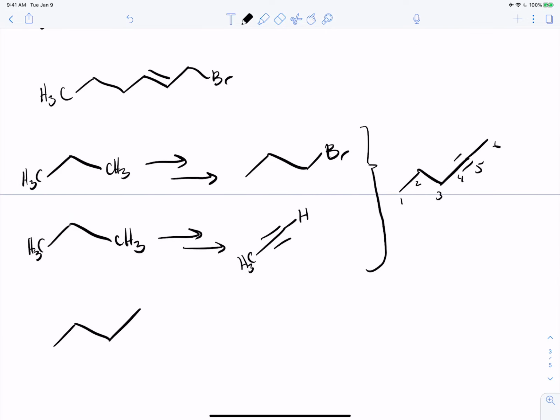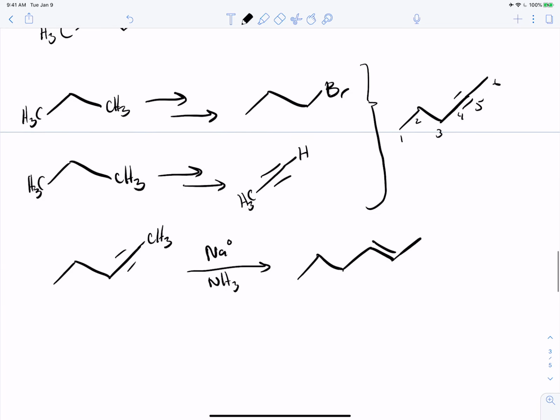Then we take that and reduce it the same way we've been reducing, and we subject that to allylic bromination.